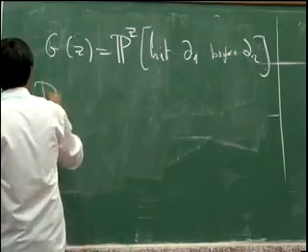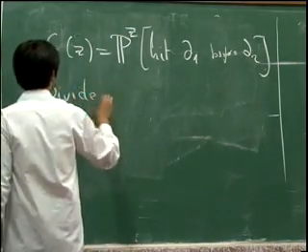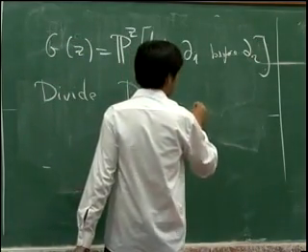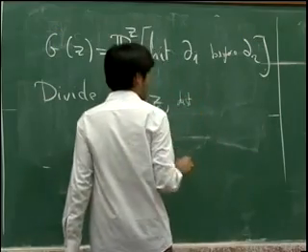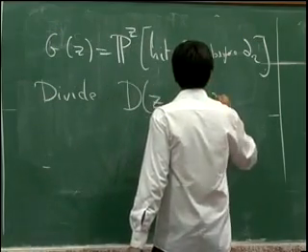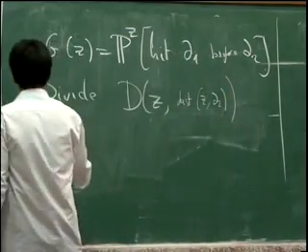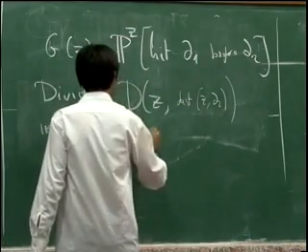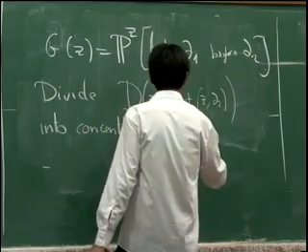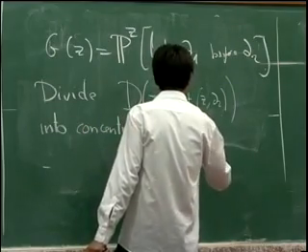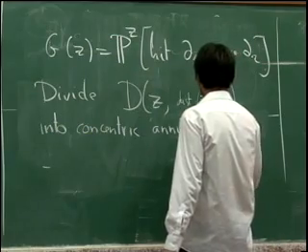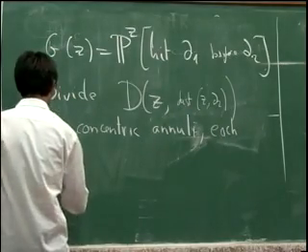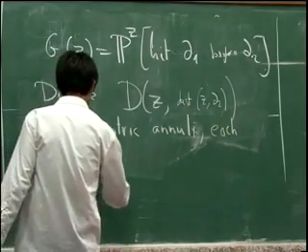So divide the disk around z, at distance of z to d2, into concentric annuli, each twice bigger than the other.